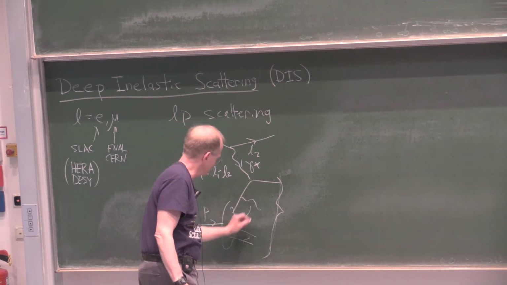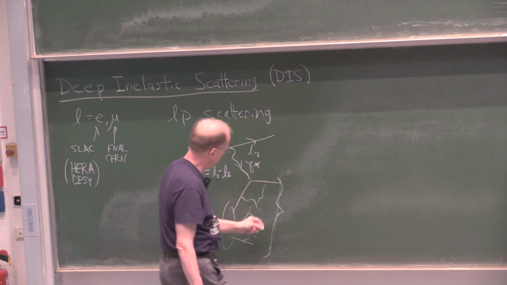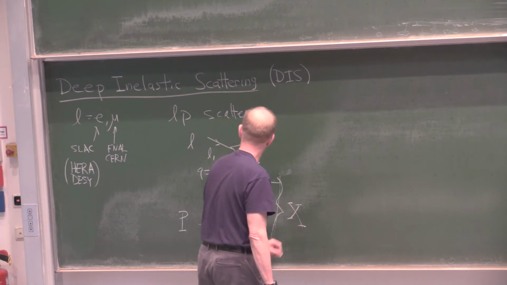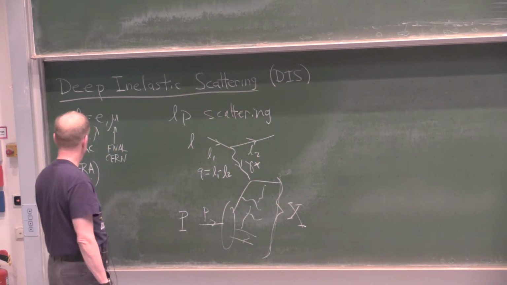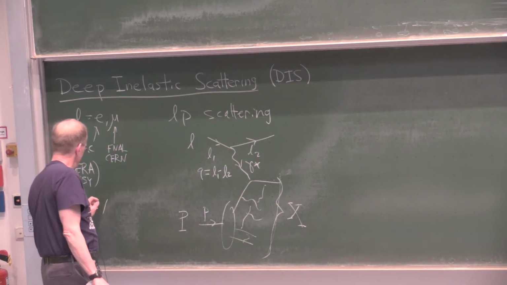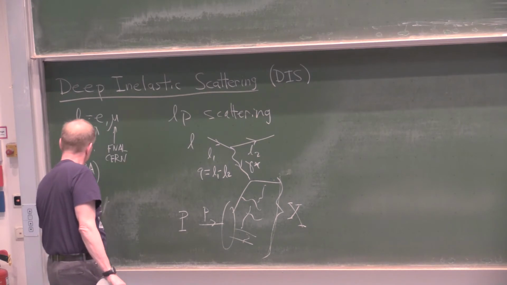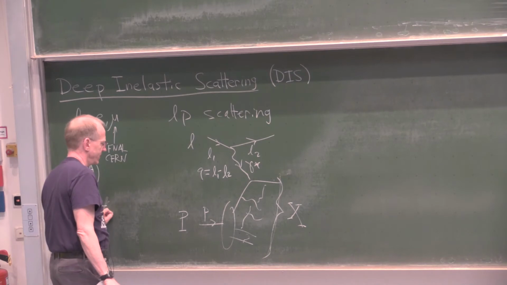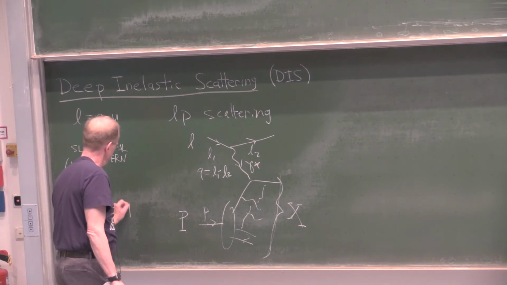There may be lots of gluons flying around here as well. So we could call this system X. And the momentum of X is q plus P.